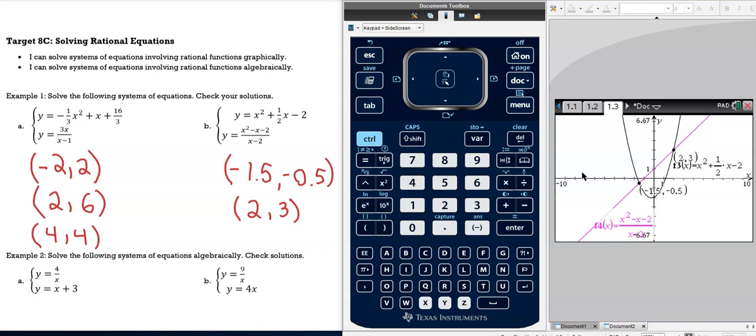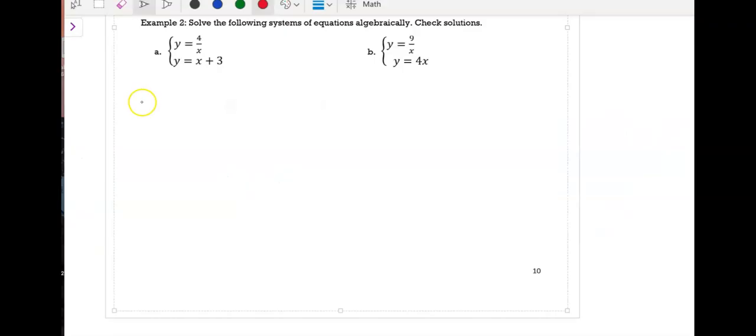However, in example number 2, we're not going to be using our calculator to find these points of intersection or these solutions. Instead, we're going to be doing it algebraically. Let's take a look at example 2a here. We have what's called a system of equations, or two equations, and we are going to try to solve these algebraically now.